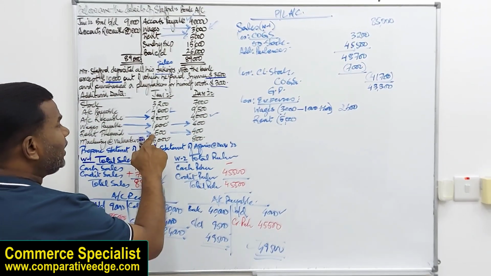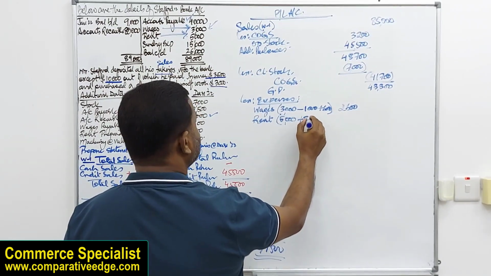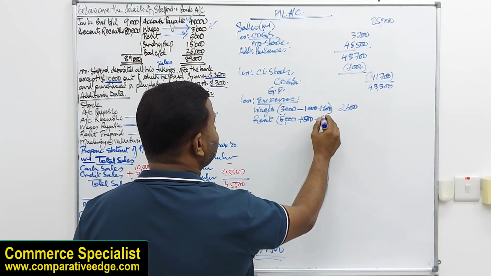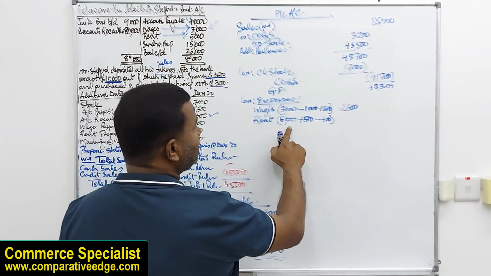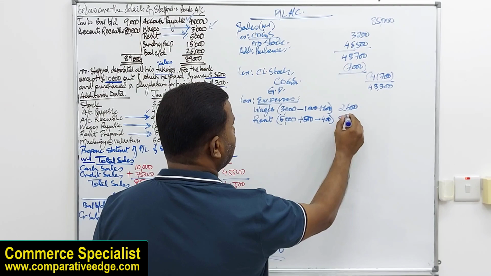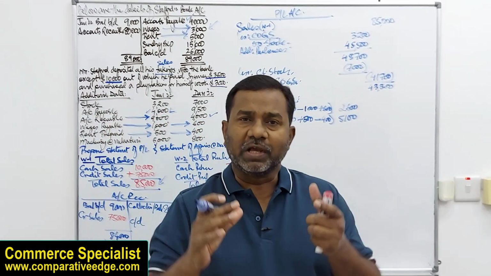If we have opening balance of prepaid, that is always added. And closing balance of prepaid means this belongs to next year. That's why I'm subtracting it. So 5,500 minus 400, you get 5,100 as rent applicable to the current year.